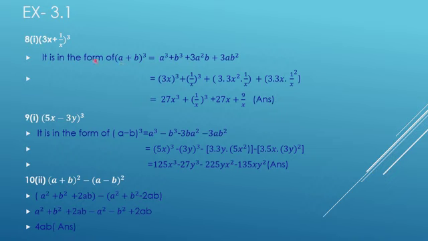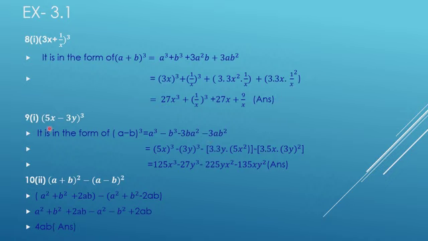Now the formula to solve this kind of expression, when your power is 3, your answer will be a cube plus b cube plus 3a square b plus 3a b square. So when you solve this, this is how your expression comes in. So when you solve it, this is how you get the answer.